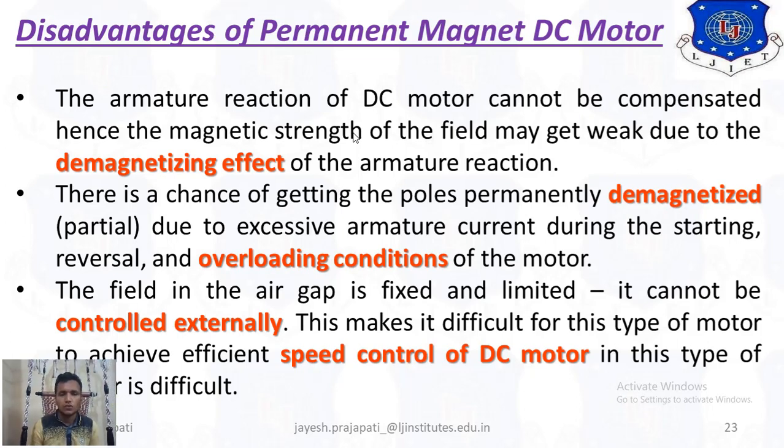It is a permanent field magnet, so it creates a permanent fixed magnetic field. So we cannot control the field, and also we cannot control the speed in this kind of motor. So those are the disadvantages, and it has some advantages also.